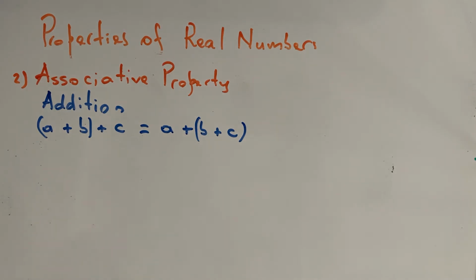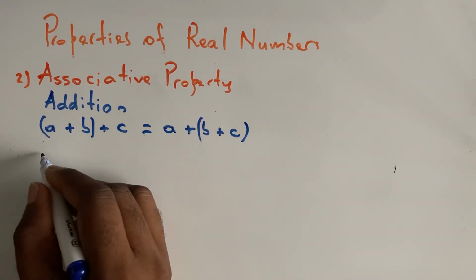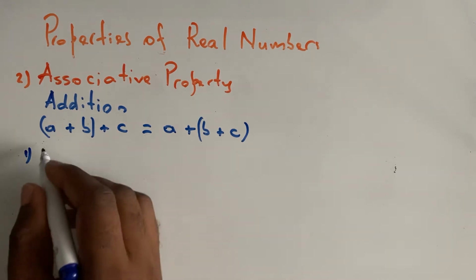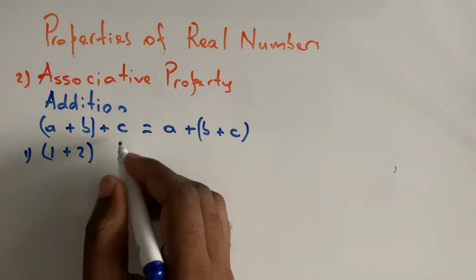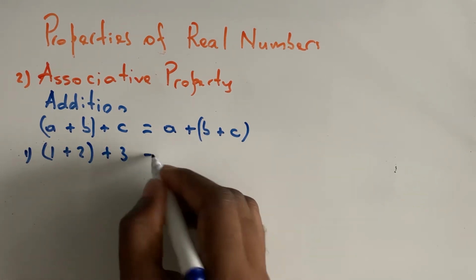That means you can actually choose to combine like terms whenever you have to when simplifying expressions, okay? For example, let me put example 1 here. Let's say you had 1 plus 2 plus 3, something easier.